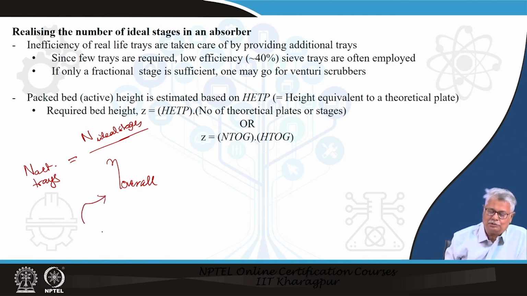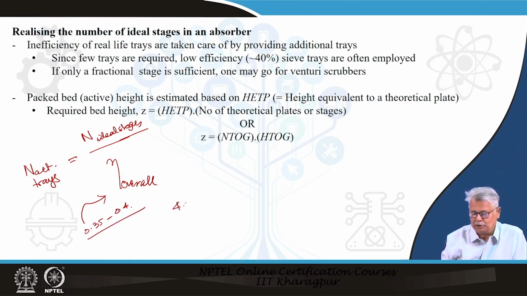Typically, if you are going to use sieve tray, possibly you will have an efficiency value of 0.35 to around 0.4. So quite naturally, if I have 4.2 and I consider an efficiency of around 0.4, you understand it will be around 10 actual trays.